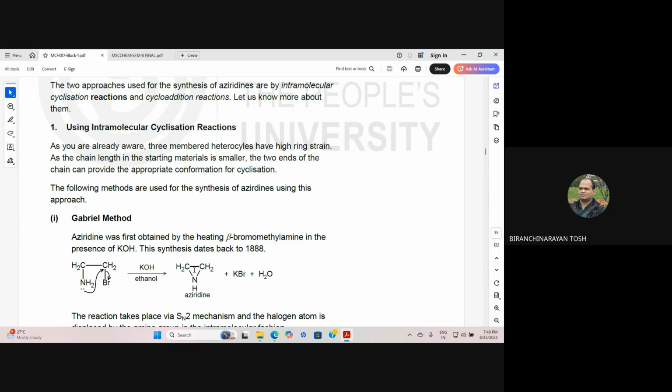This is very difficult. If you decrease the bond angle from 109 to 60, then the compound will be highly under strain. So these are strained compounds. There is high ring strain, but as the chain length in the starting material is small, because only 3-membered, the two ends of the chain can provide appropriate conformation for cyclization.